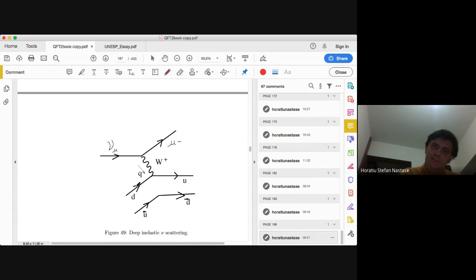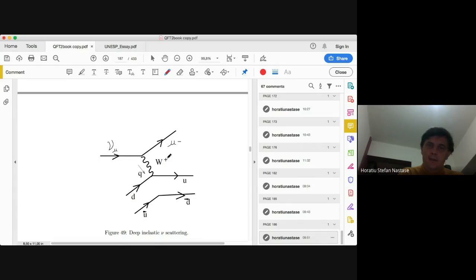But now the W also has to turn a member of a doublet into another. So if the quarks are also in doublets, if I have a D here, it will turn into a U quark. That's the only possibility, because the down quark has charge -1/3, and this one has +1 charge, right?